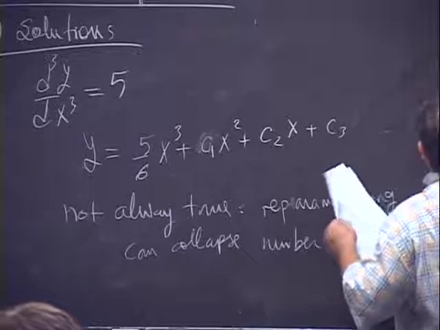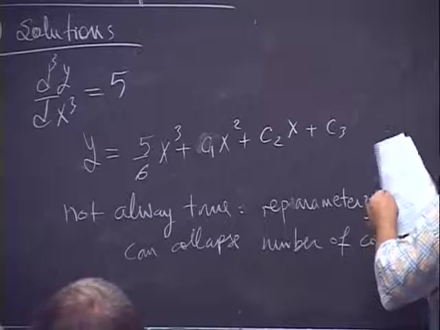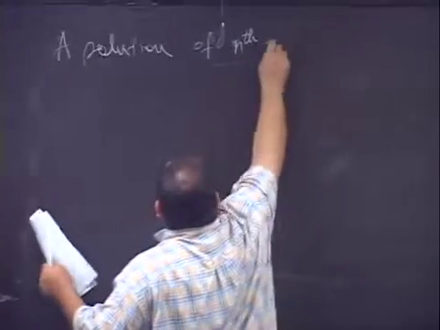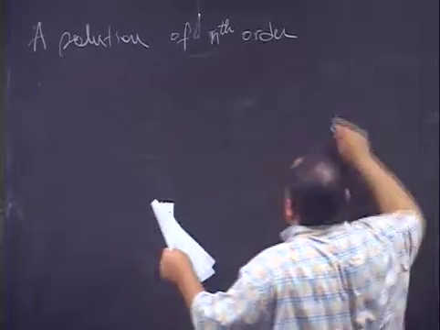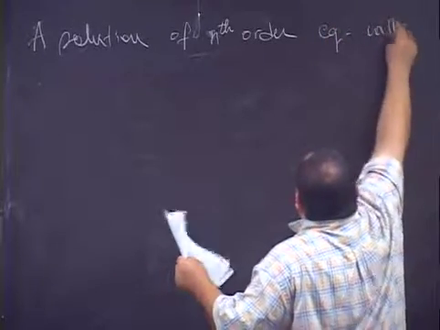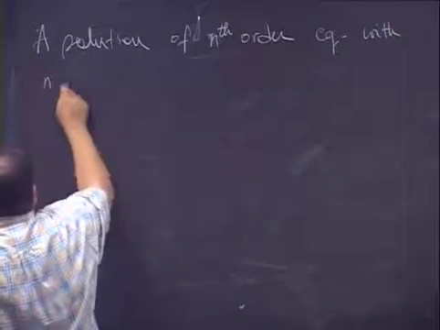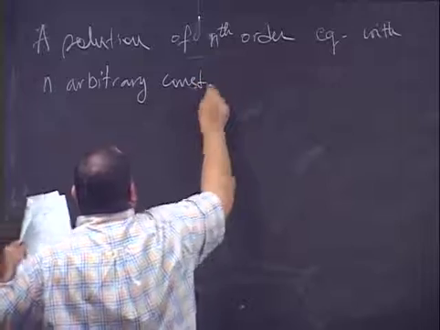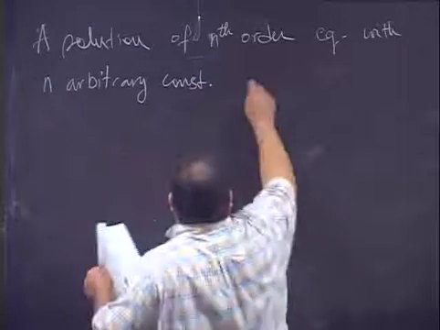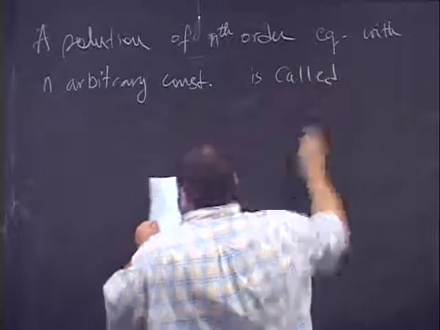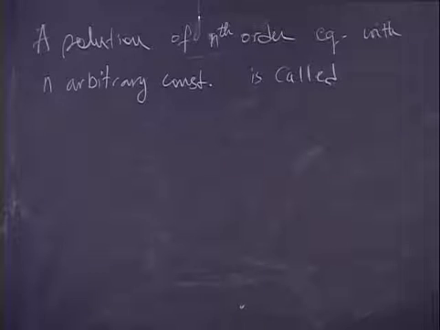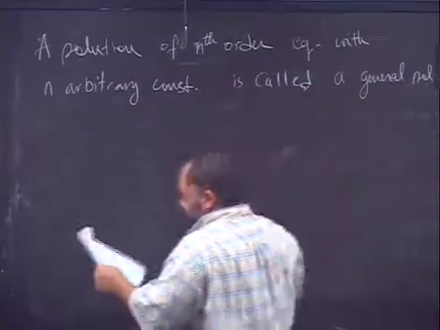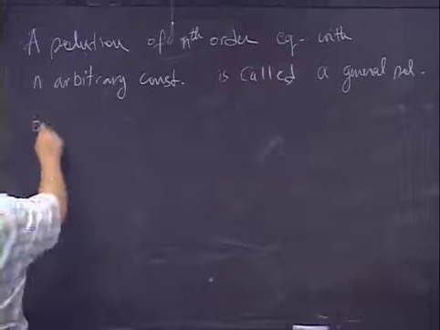So a solution of the nth order equation with n arbitrary constants is usually called a general solution, or primitive solution.